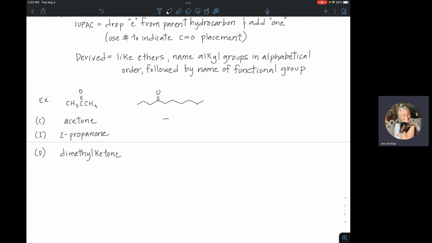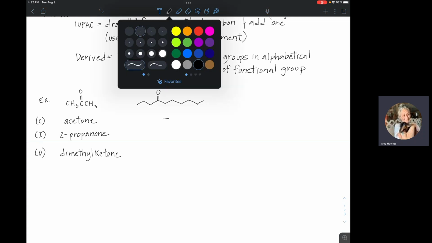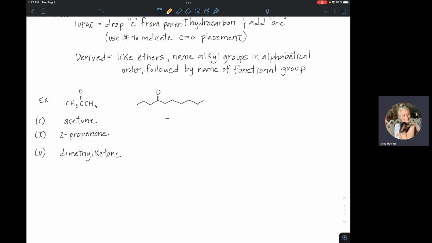With IUPAC nomenclature, you need to tell somebody which carbon the carbonyl group is on. So we can number these together. If we go left to right, so obviously you're staring at this and you can see that the carbonyl is going to be on the lower numbered carbon if we go from left to right. You can count from right to left, but you can see that that piece of functionality is closer to the left-hand side. So to save time, I'm just going to number this way. 1, 2, 3, 4, 5, 6, 7, 8, 9, 10 carbons.